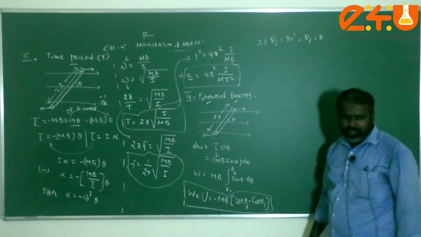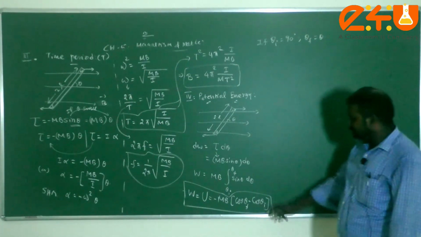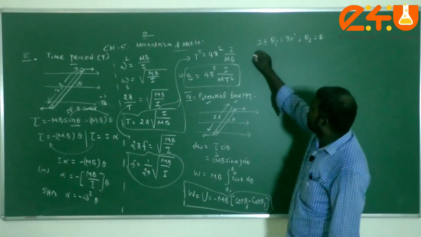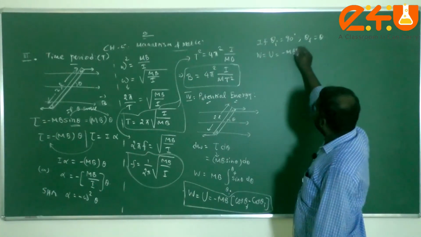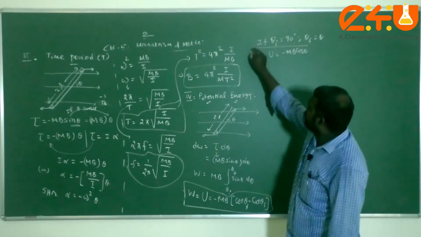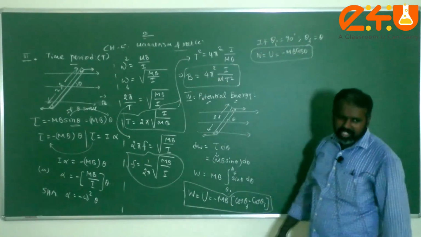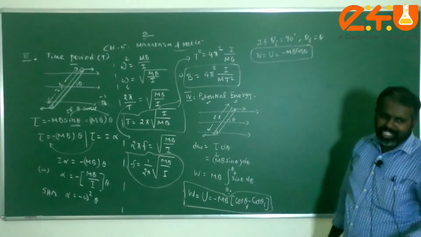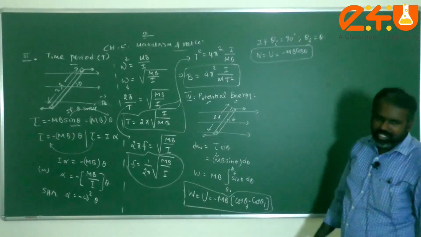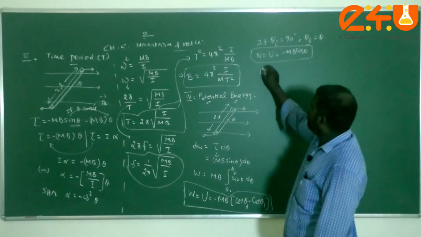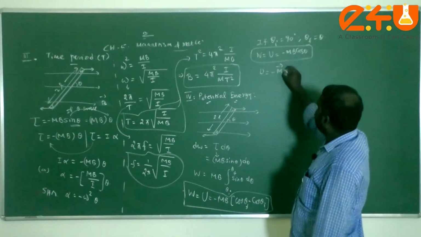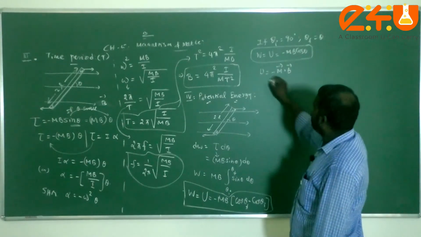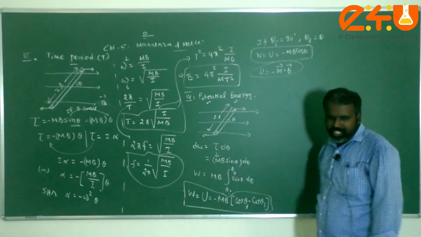Then this equation can be rewritten as W equals U equals minus MB cos theta. This is another equation. We know that A dot B is AB cos theta. Similarly, this can be written as U equals minus M vector dot B vector. This is the vector equation.